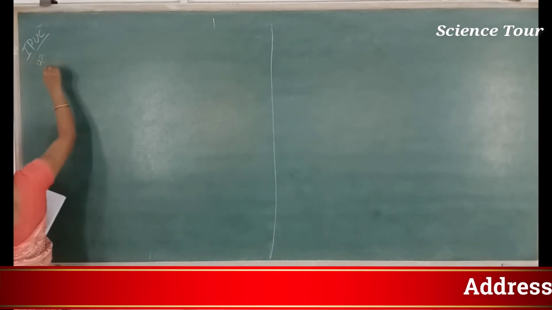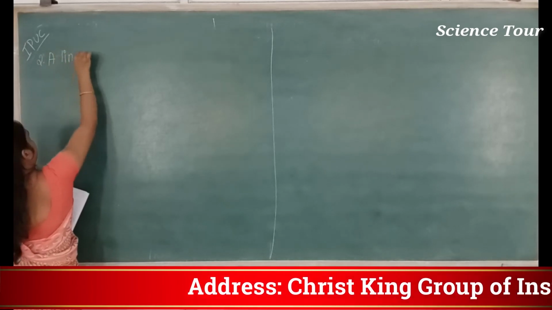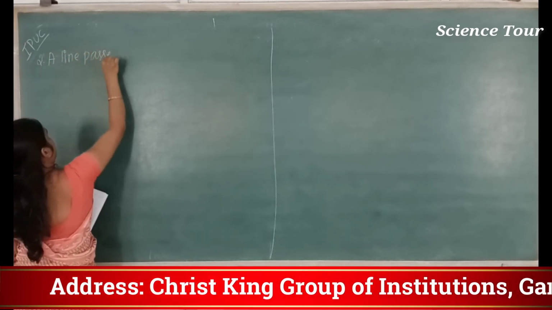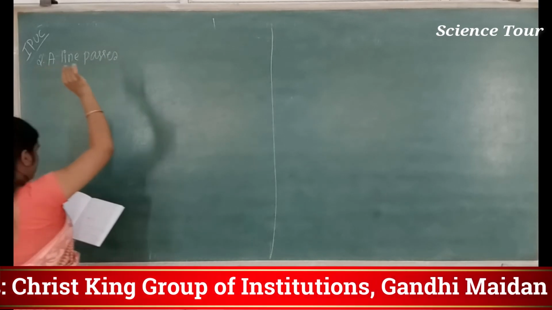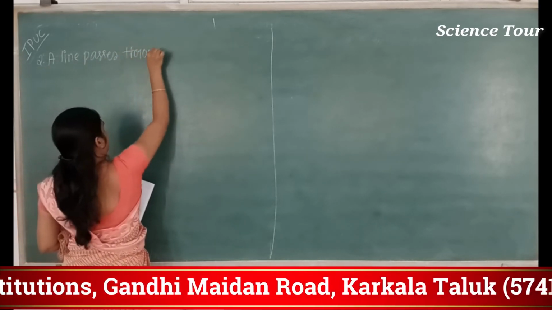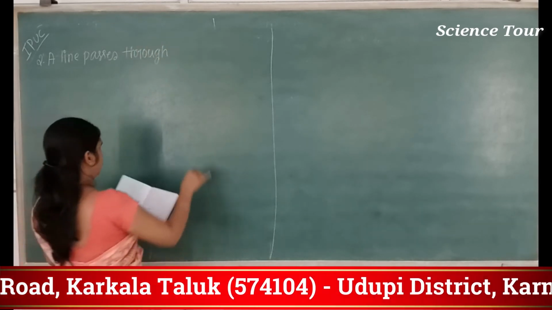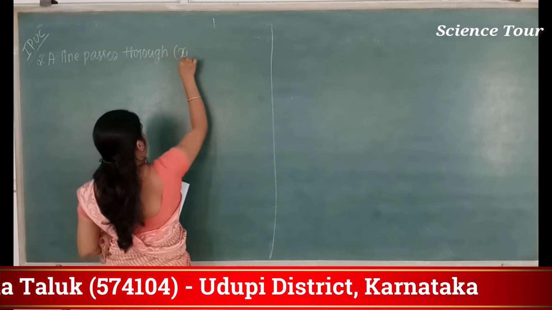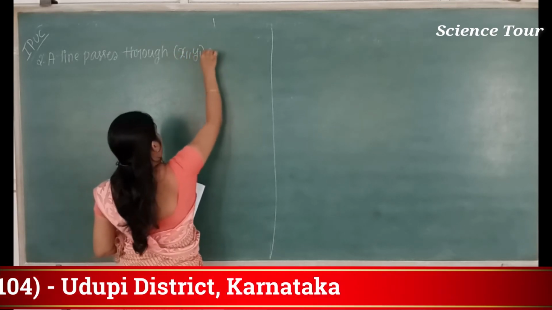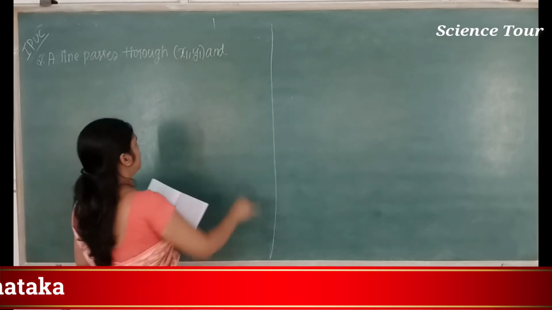A line passes through the points x1, y1 and h, k.